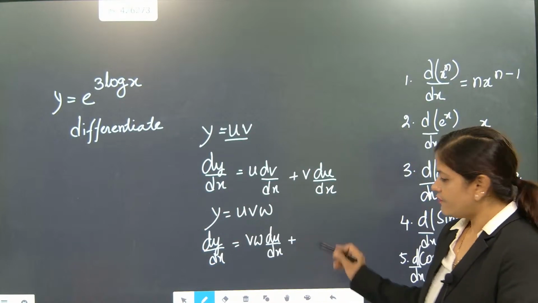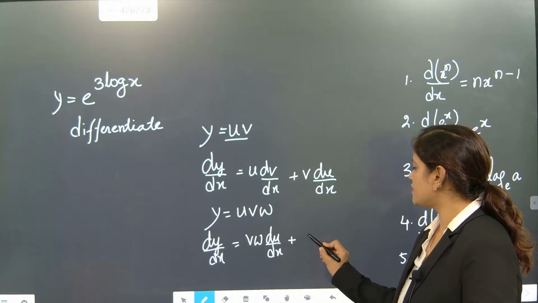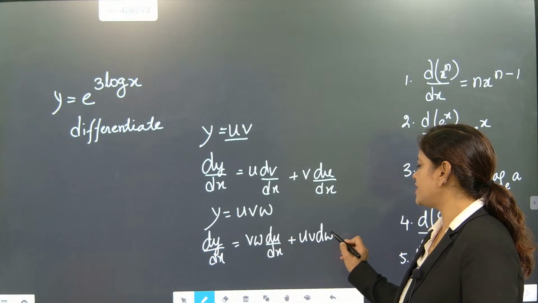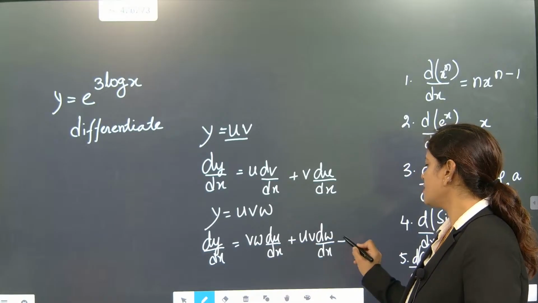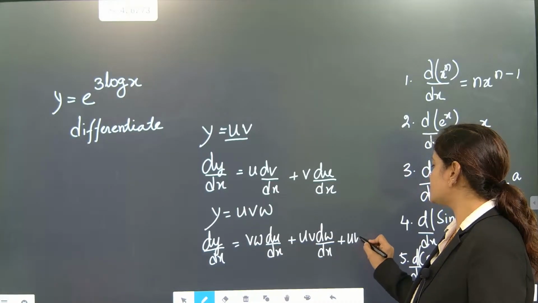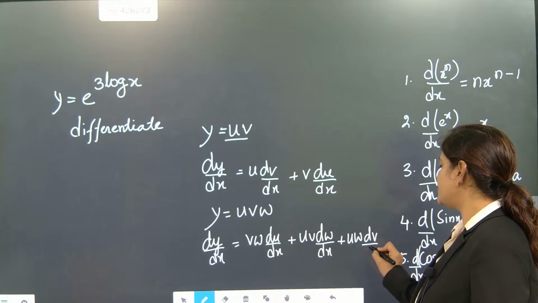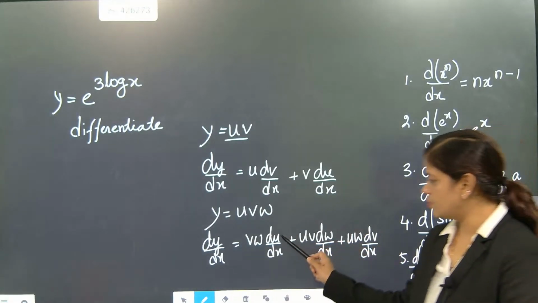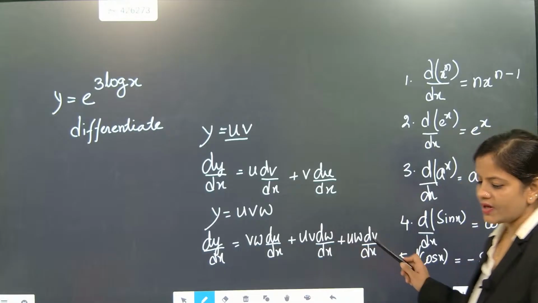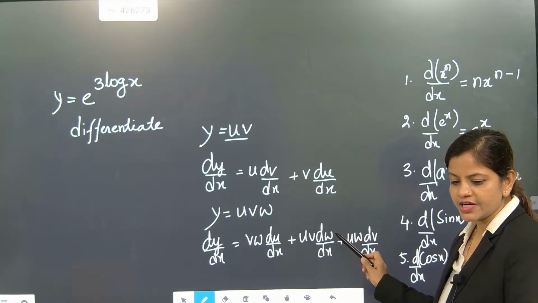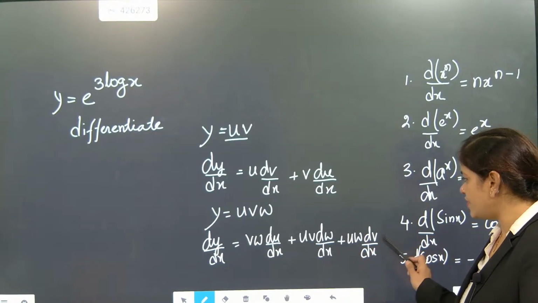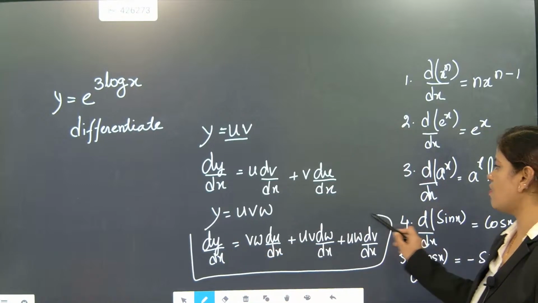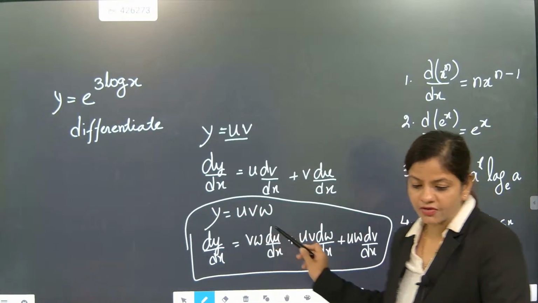Then we leave u and v, and differentiate w. And then we differentiate v. So one time we picked u and differentiated, one time we picked w and differentiated, and one time we picked v and differentiated. This is exactly the differentiation of the product of 3 functions.